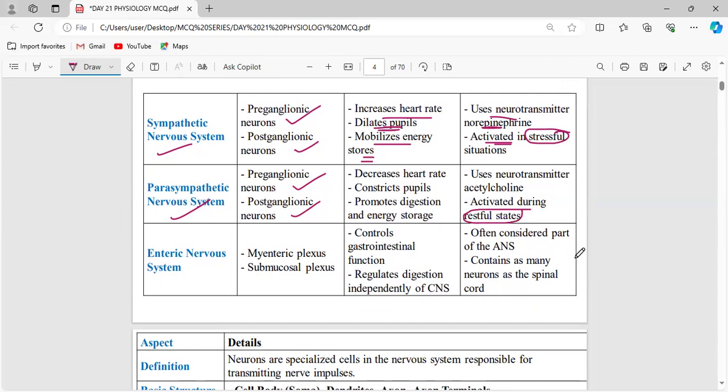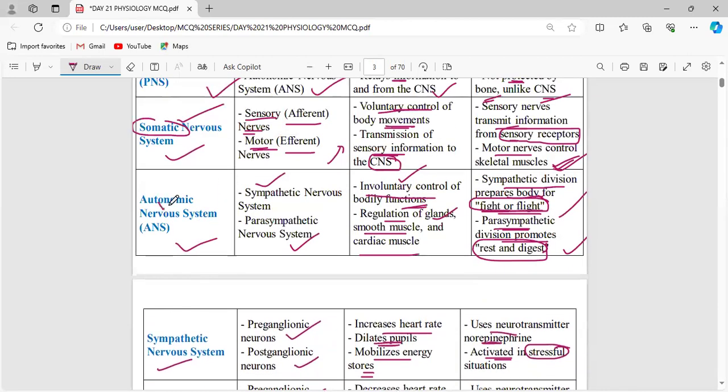Even if the body has to take rest, that is controlled by the parasympathetic nervous system. If the body works under stressful conditions, there has to be a reason, and it is definitely under the control of the nervous system. But even if you want to take rest, that is also under the control of the nervous system, particularly the parasympathetic nervous system.